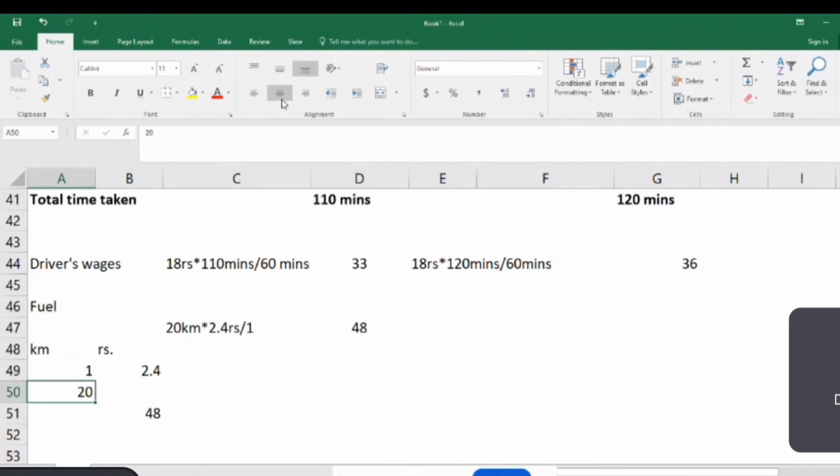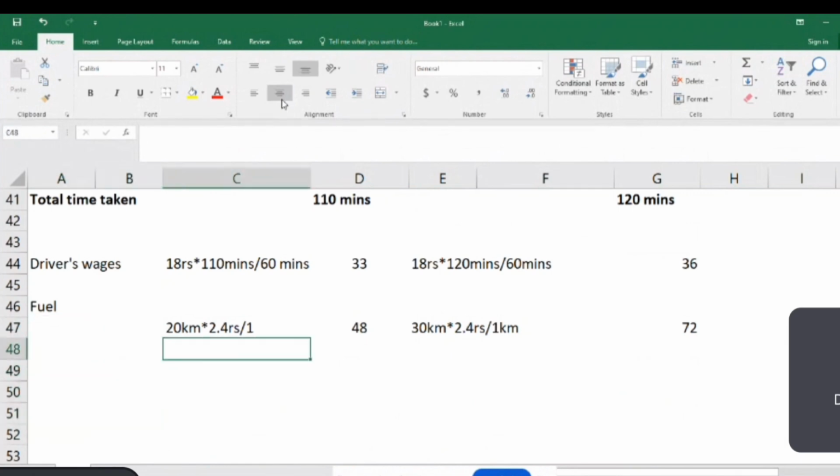For warehouse B there are 30 kilometers. Then you will be receiving 72 rupees as your cost. How are we getting this 72? 30 kilometers into 2.4 rupees divided by 1 kilometer. You are receiving 72 rupees as your cost.